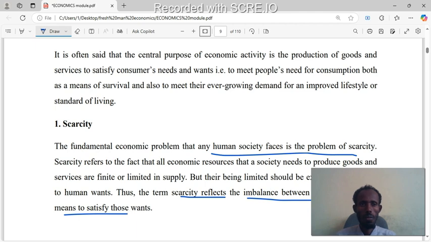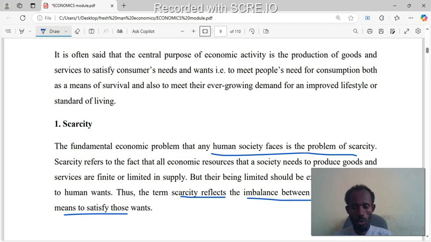So our wants are limited by what? By our ability to purchase. So scarcity is a continuous problem, that is the imbalance between our wants and the means to satisfy those wants.